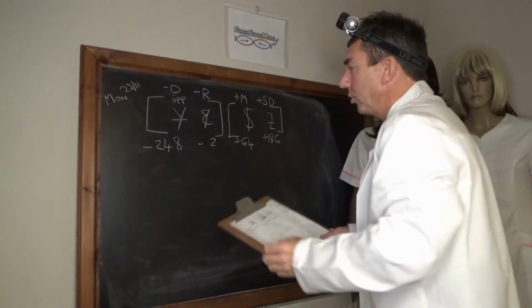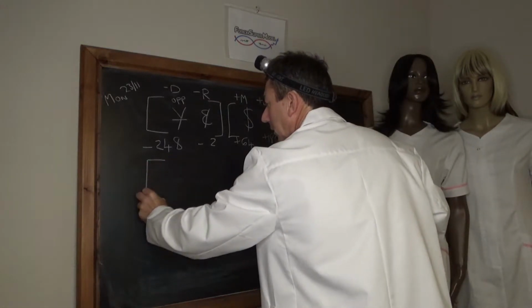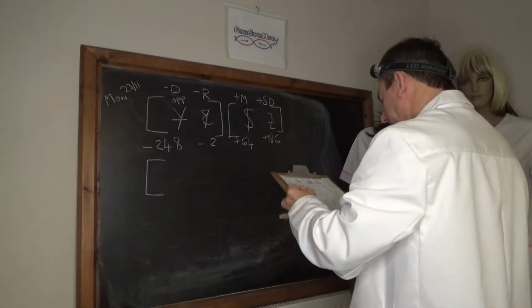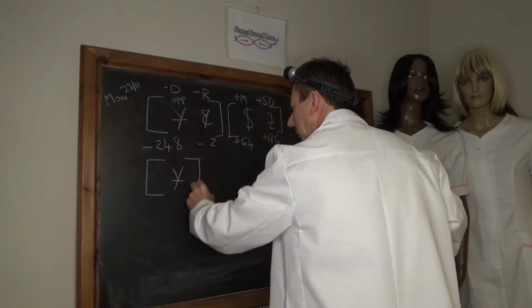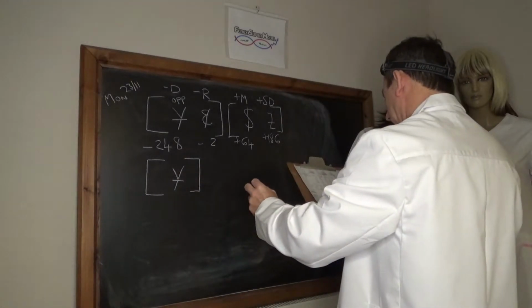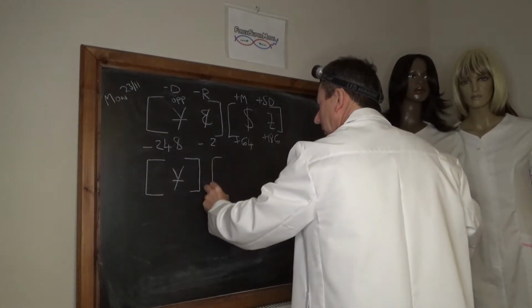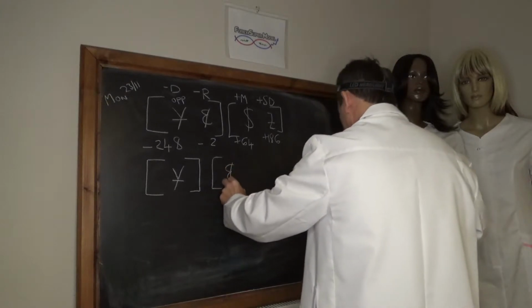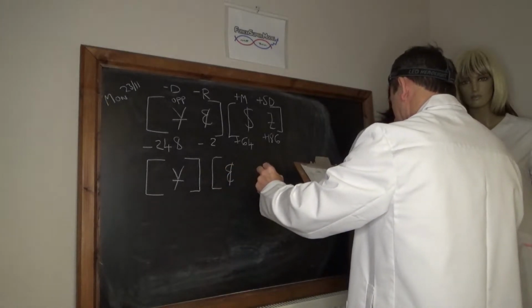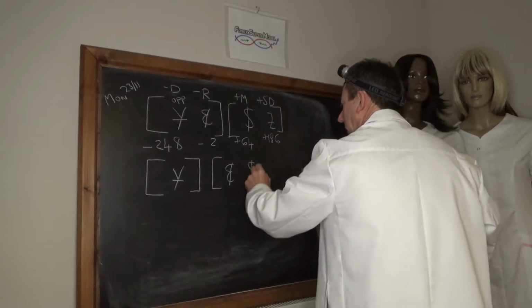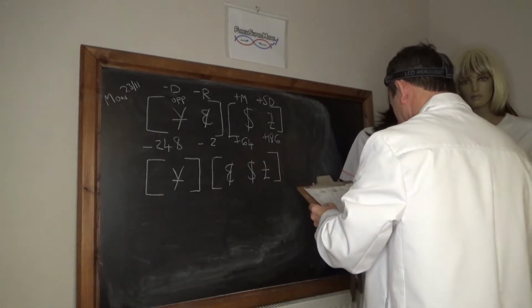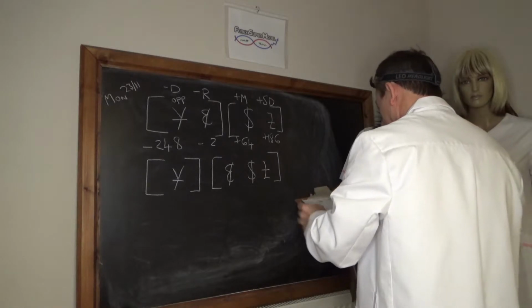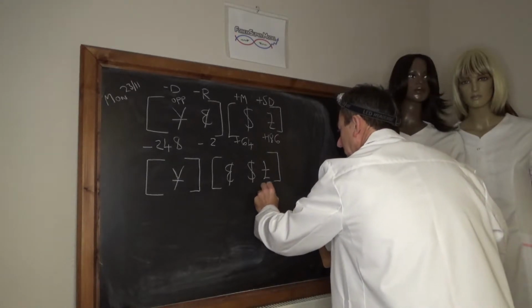So intra-week flows are as follows. We've got yen on the negative side, euro, dollar, pound. Right, so we've got plus 209 on the pound.